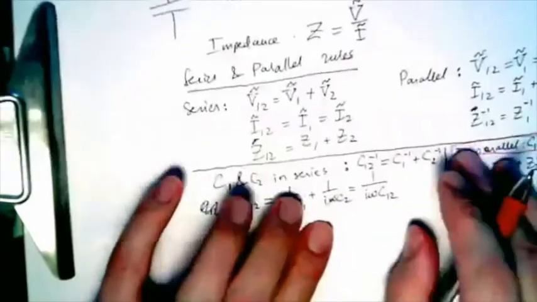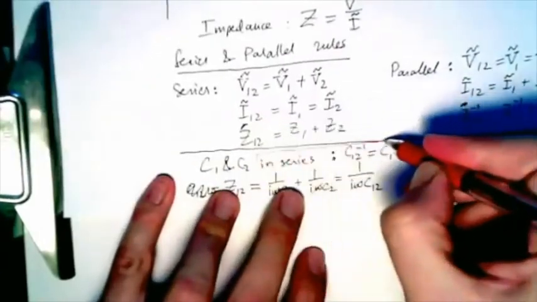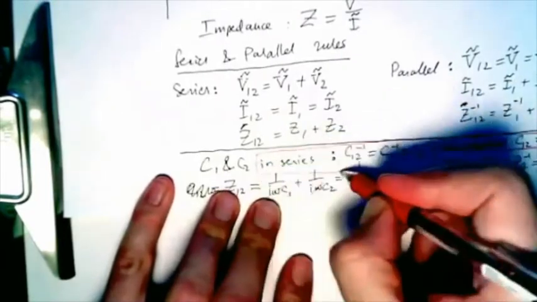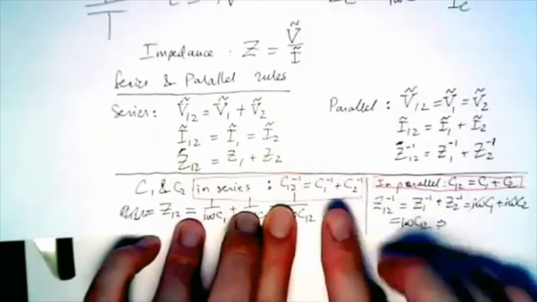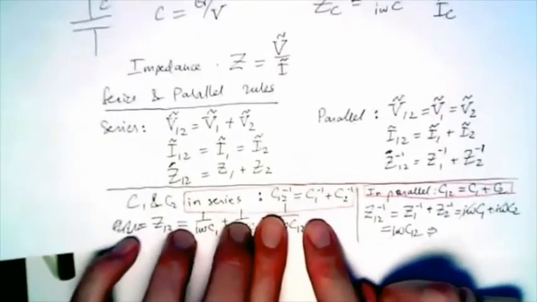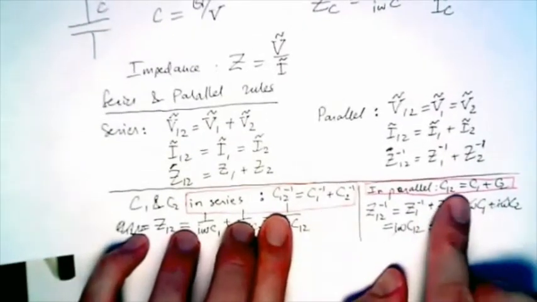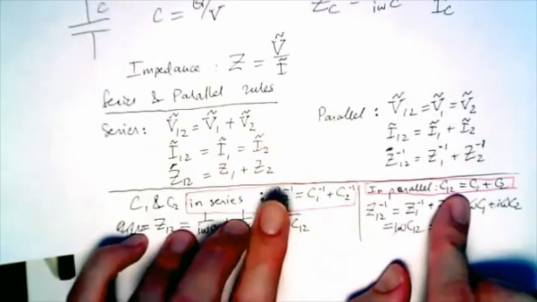And that's series capacitors. Now, you see they do the exact opposite of resistors, right? Because for resistors in parallel, they are inversely added, and for resistors in series, they are added.